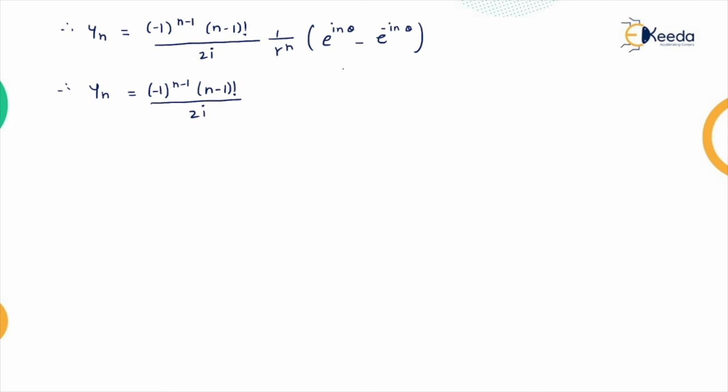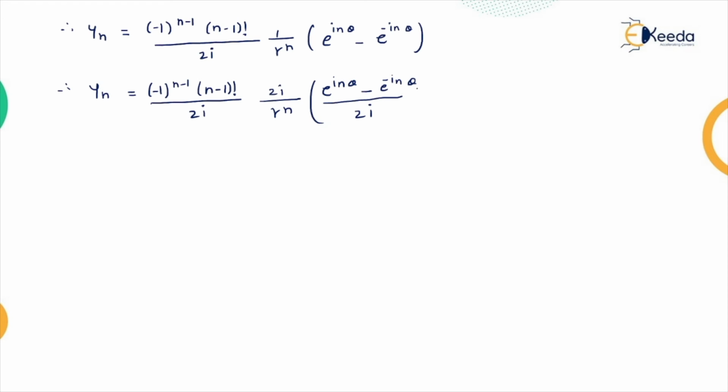By using the hyperbolic functions definition, this can be written with 2i adjusted. So let's see, I am taking 2i extra and r^n, and here e^(inθ) minus e^(-inθ) divided by 2i.